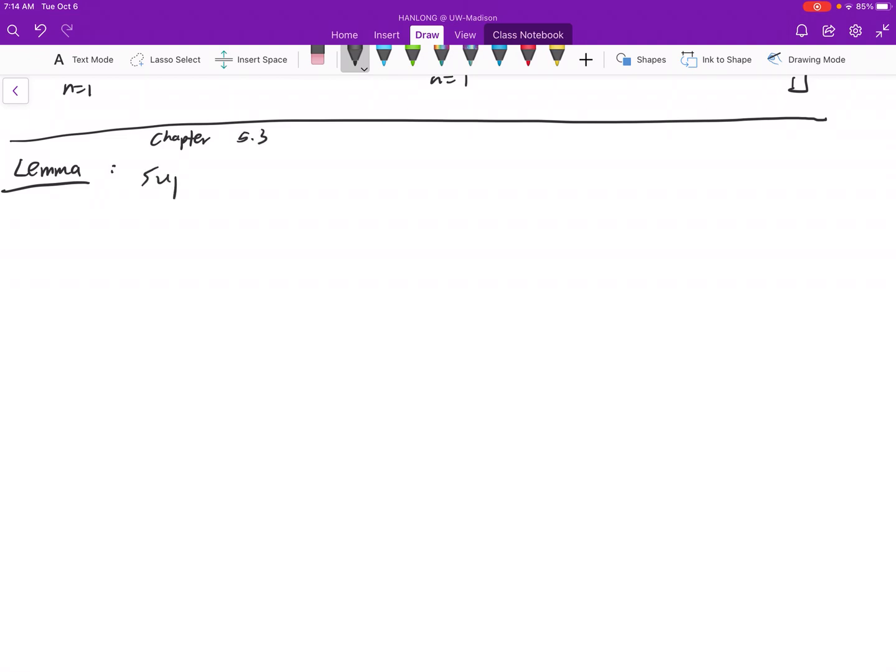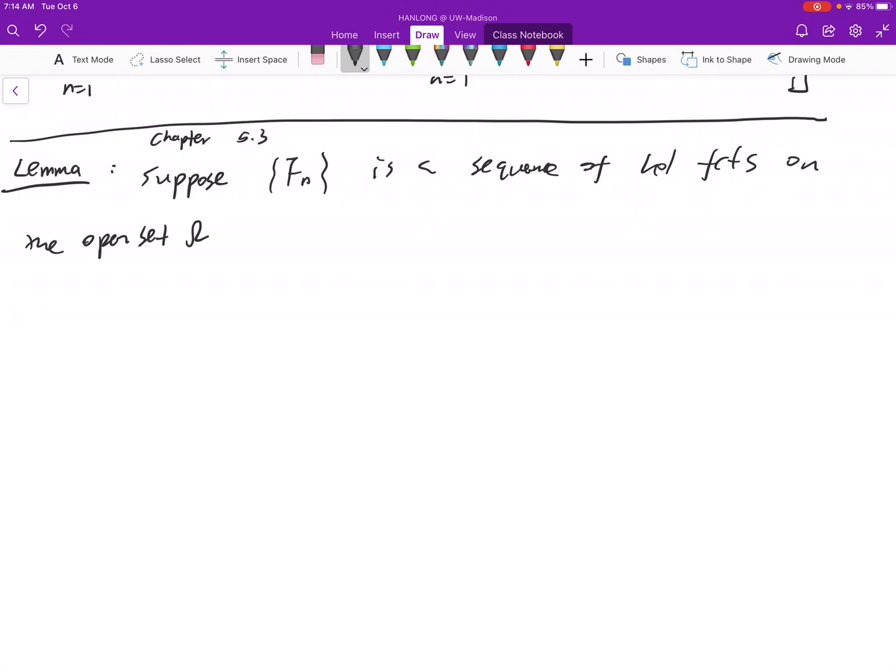Suppose now we do a holomorphic version. Suppose fn is a sequence of holomorphic functions on the open set omega.